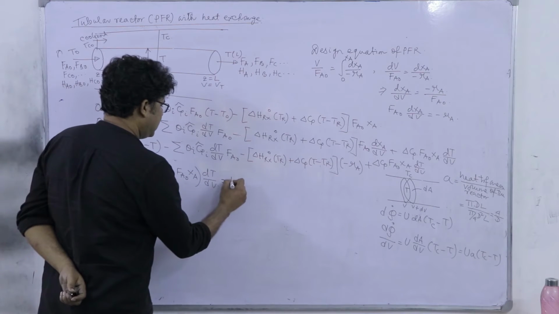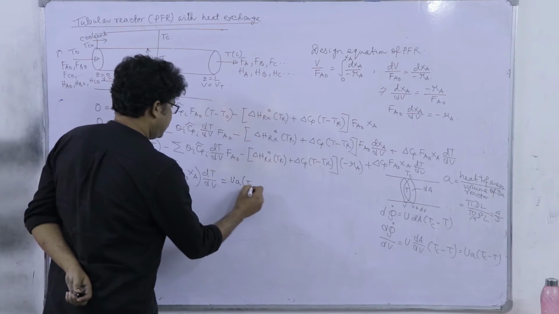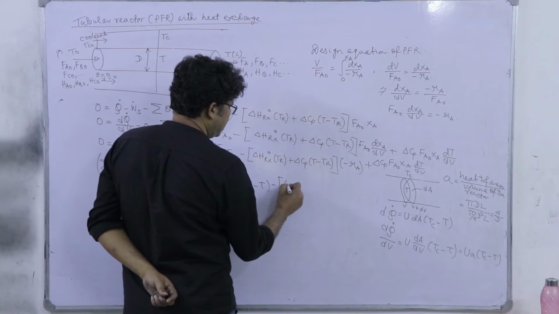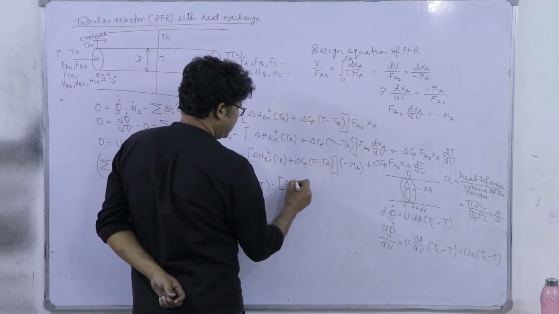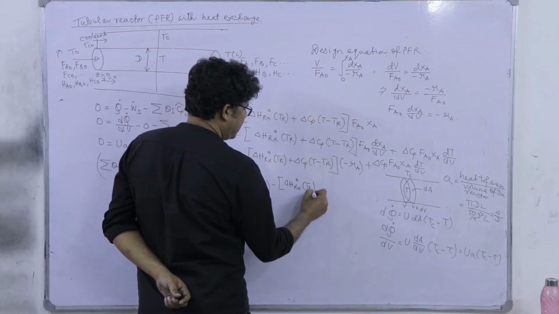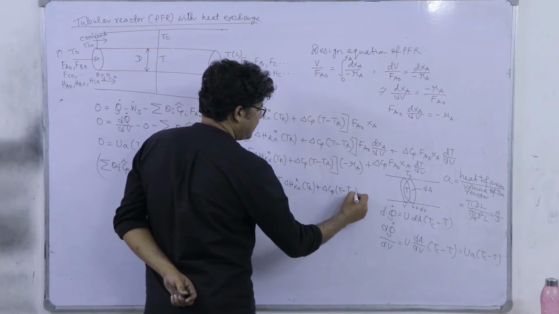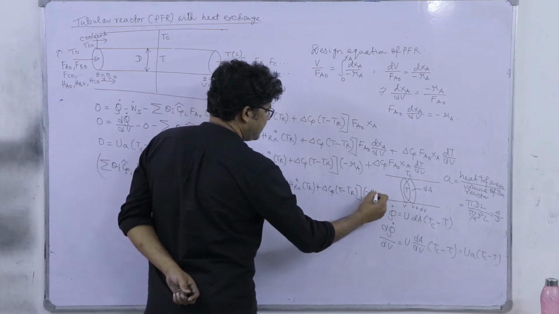And this is equal to U into a (Tc minus T) minus [delta H Rx naught at Tr plus del Cp (T minus Tr)] into minus Ra.